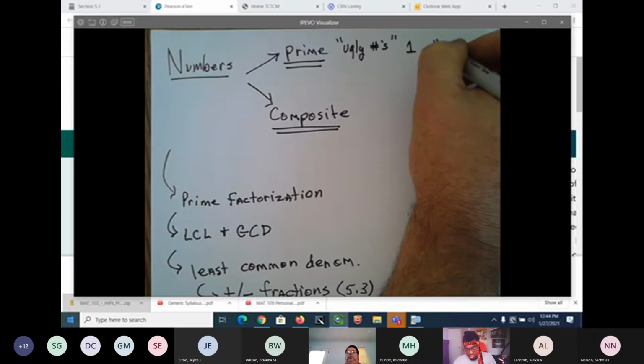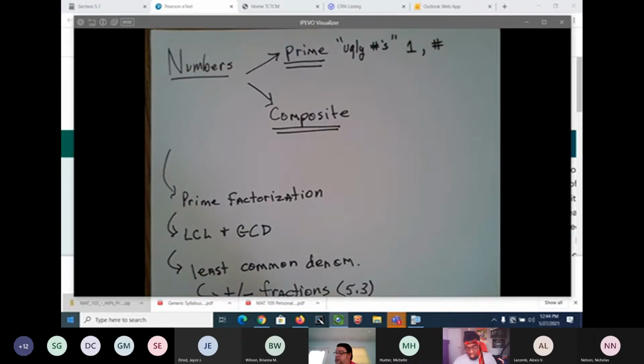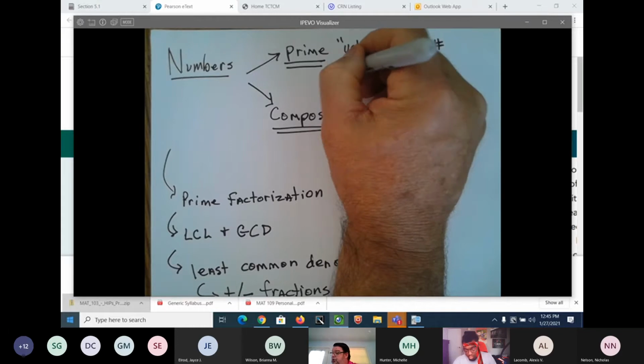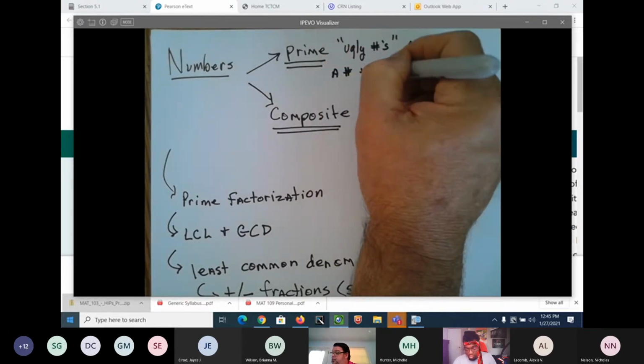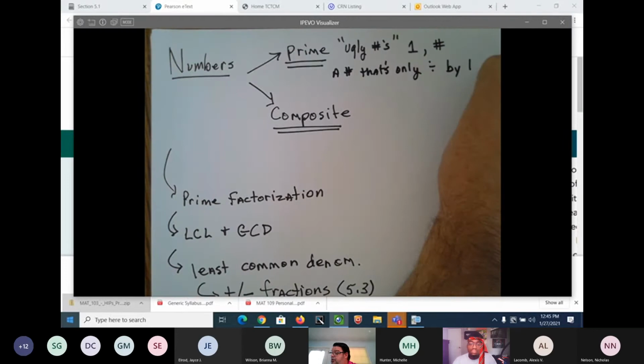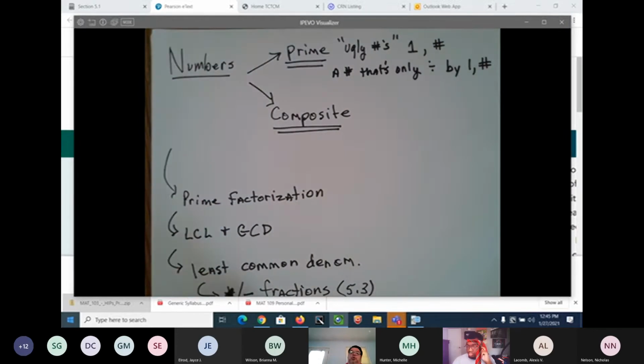Now, the definition for a prime number is a number that's only divisible by 1 and the number. So what numbers are only divisible by 1 and the actual number? Let's write that in another color so that way you can know that's important.